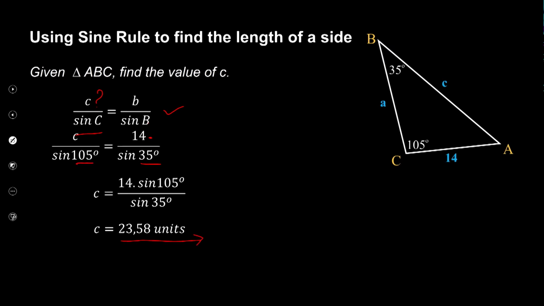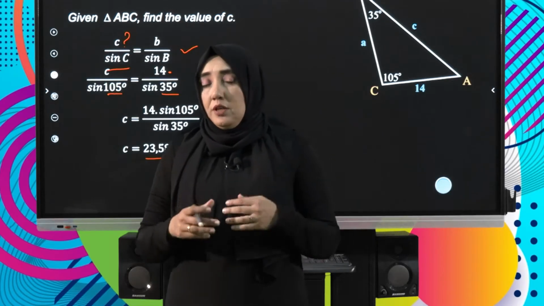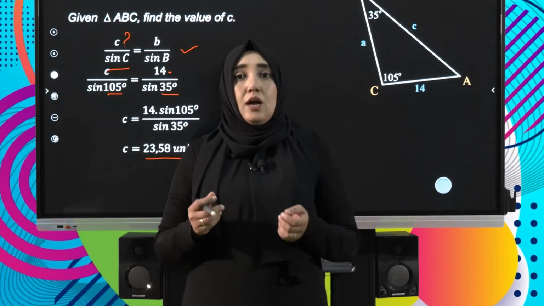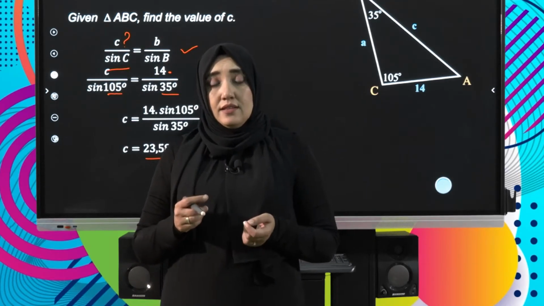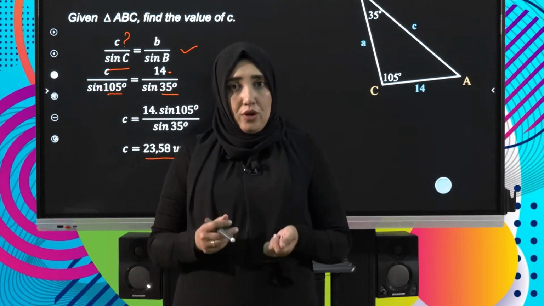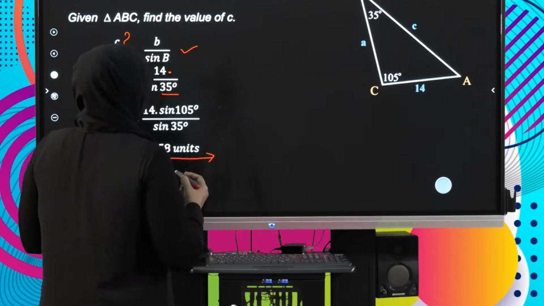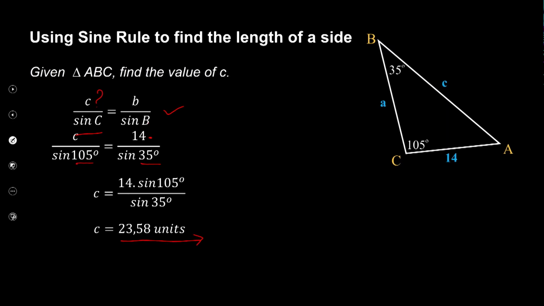Now, there's something that we have to remember when we're dealing with triangles. We have to do a kind of checksum just to make sure that our answers make sense in the context of the problem. So let's go back to this answer that we've just got. If you look at our diagram, 35 is less than 105.